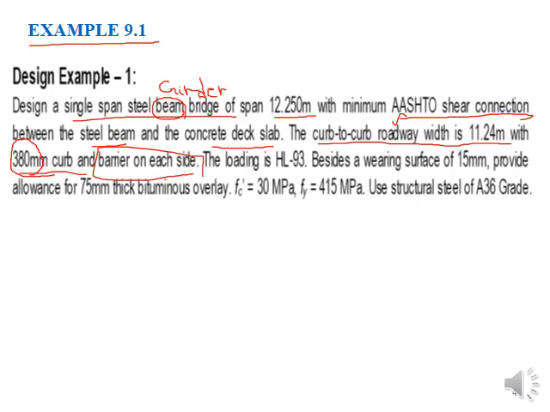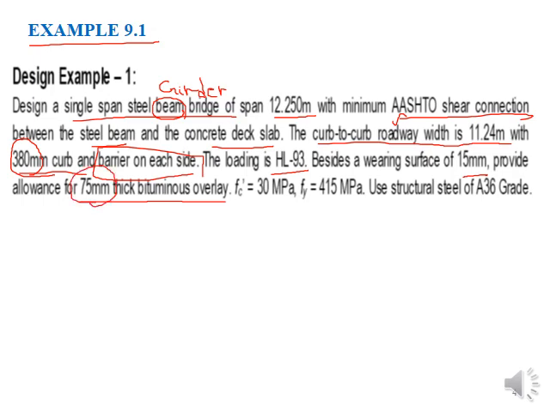The loading is HL93. So the truck load and tandem load you are going to include, and besides a wearing surface of 15 millimeter. So here fixed wearing surface thickness has been given to you. Provide allowance for 75 millimeter thick bitumen overlay. So bituminous overlay thickness has also been specified to you.